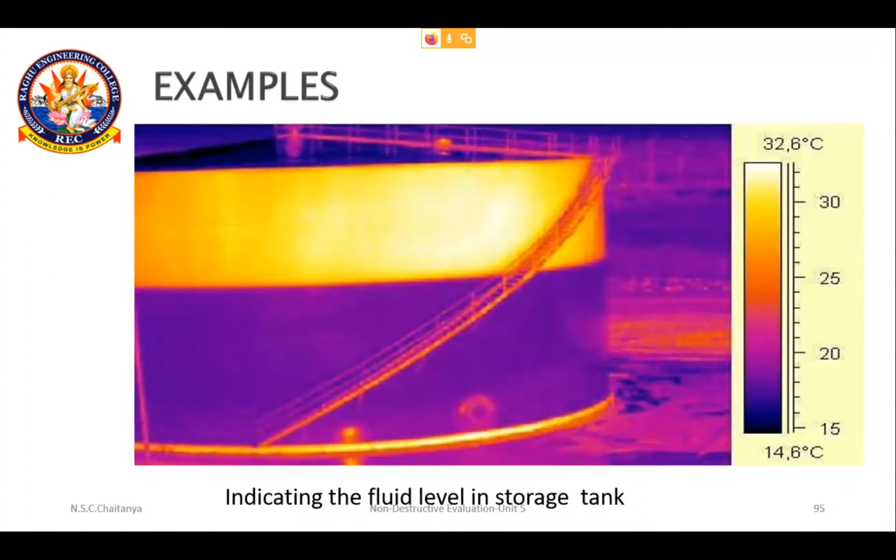So this temperature difference always makes it easy for us, and this comes under your passive thermography. I hope you remember the passive thermography, where you need not excite the object. No external excitation is required. Just by clicking an image, you will be identifying the defect or whatever you want to identify from the picture.